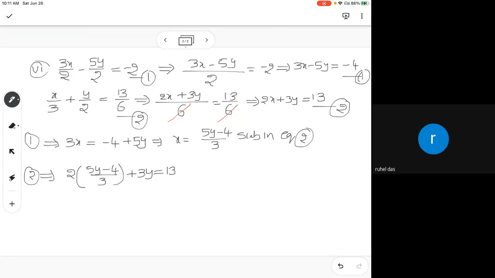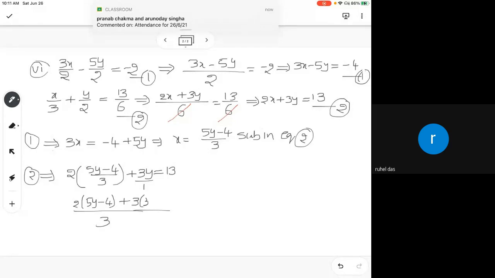Now you have to solve it. Here I am finding the LCM, which is 3. So 2 into 5y minus 4, plus 3 into 3y is equal to 13 into 3.